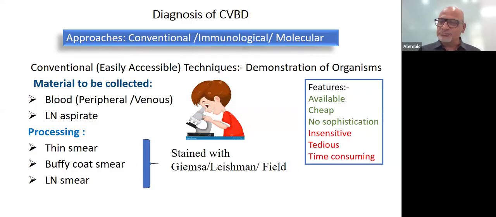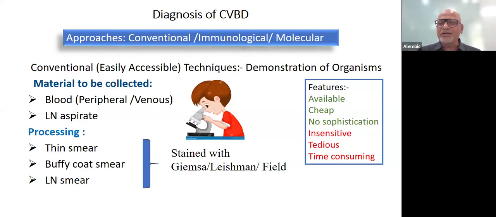When you prepare the smears, mind it well, the smears should be thin smears, so all the cells are separated very well and you can inspect each and every cell under the microscope. They are stained with either Leishman, Giemsa, or a field stain, whatever is available. Then the slides are examined under the microscope for detection of the organisms.